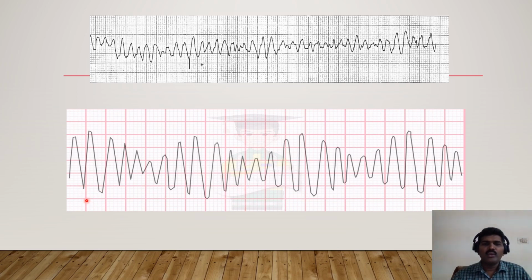When you look at it first, it appears to be irregular, but when you look at it keenly, starting with some amount of amplitude, say 10 mm, the amplitude is gradually increasing on both the sides, and then again once it reaches the peak, it's coming back to normal and starting again. So this is torsades de pointes, or polymorphic ventricular tachycardia.